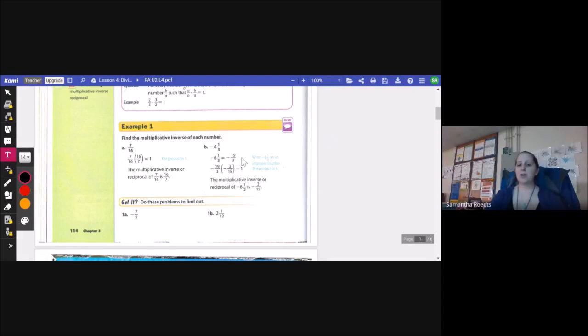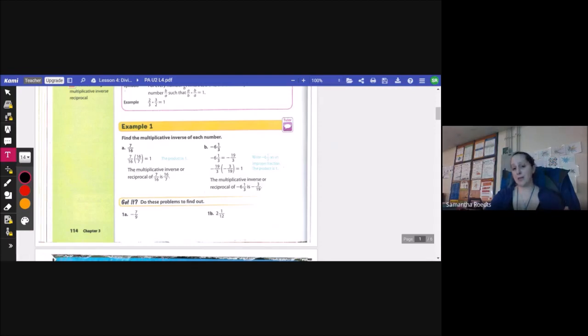For b, -6 1/3, this one's a little bit trickier because you have to change the mixed number into an improper fraction. When you do that, remember you multiply 3, my denominator, times my whole number, and I add my numerator. Ignore the negative sign and just add it in at the end. So 6 times 3 is 18, plus 1 is 19, over 3, my denominator stays the same, and then I just add that negative sign out front.